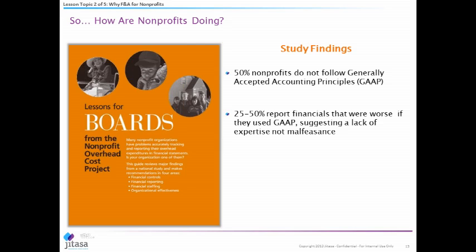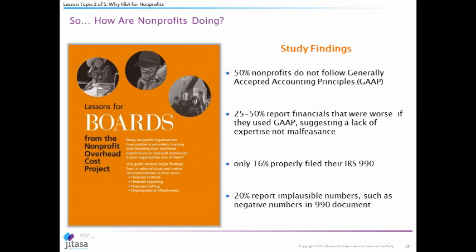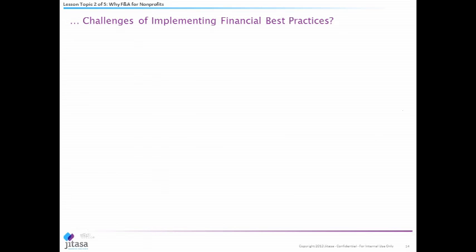It was more ignorance versus trying to trick the system. Only 16% of the 200,000-plus 990s they looked at were properly filed with the IRS. And 20% of those reported implausible numbers, such as a negative number in the 990 document. So there's obviously room for improvement in the nonprofit community when it comes to finance and accounting.